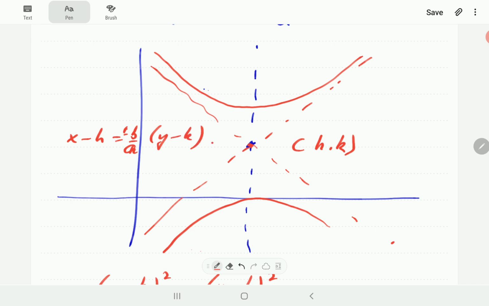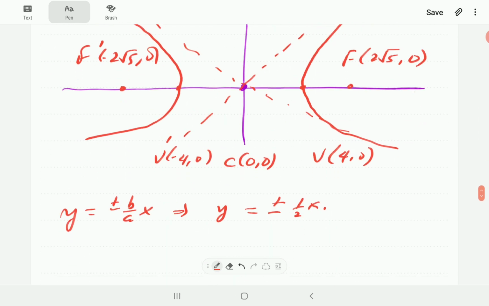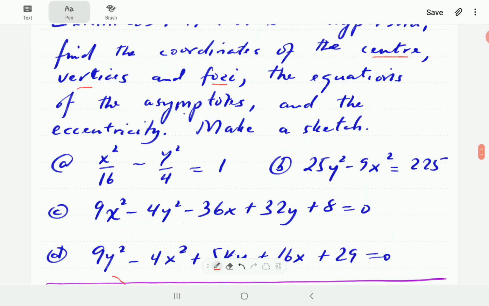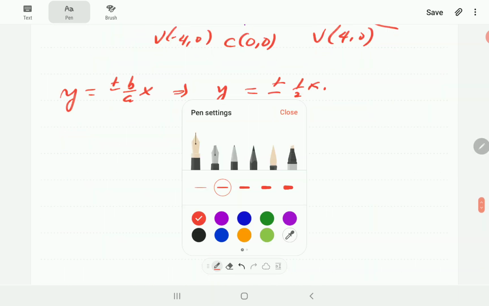Those will be the equations of the asymptotes. Alright, so that sorts out part a. Let's make sure we have everything: we did the eccentricity, we did the asymptotes, we have the sketch, so we can go to b.